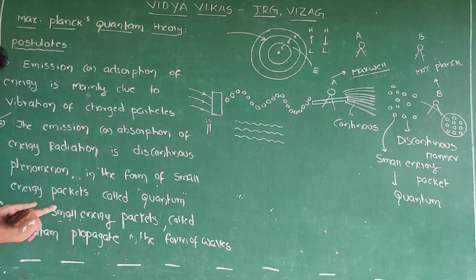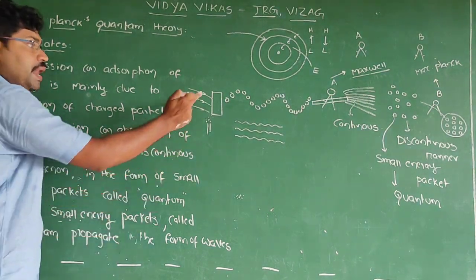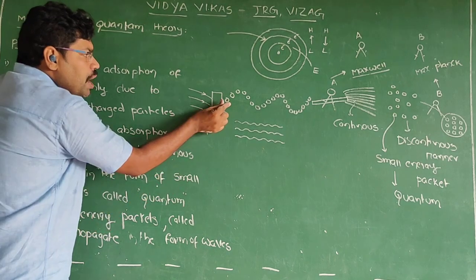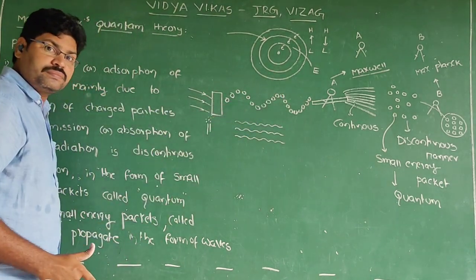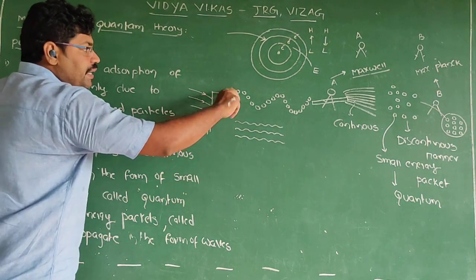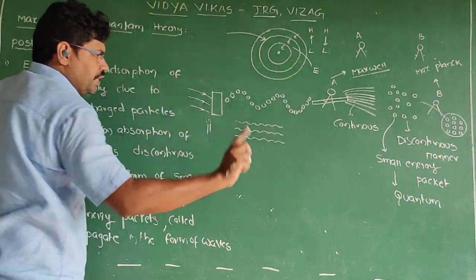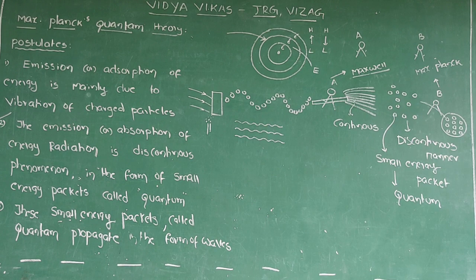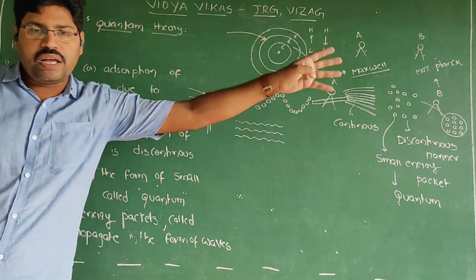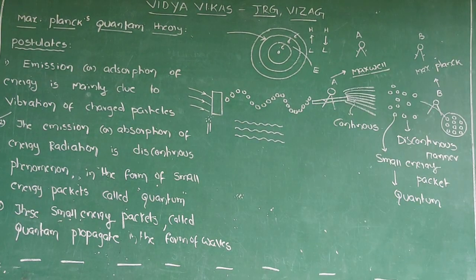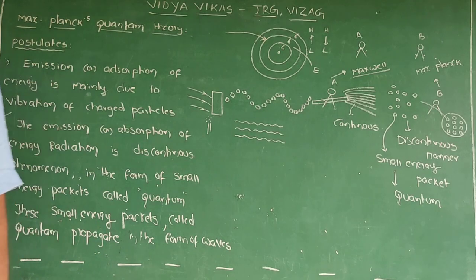So the emission of energy radiation from a black body happens in the form of small energy packets, what we call quanta, but they propagate in the form of waves, dear students. And this is what we call Max Planck's quantum theory. Is it clear, students? Have you got it? Okay.